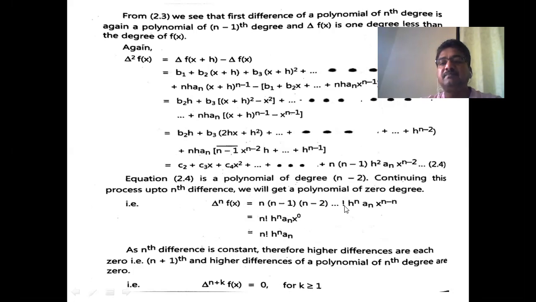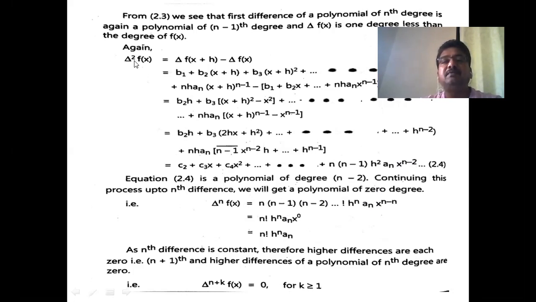H raised to n, an, x raised to, what is the coefficient of x? What is the power of x? Here is delta square. So what is x raised to n minus 2? What is the power of x? Delta square is there. Therefore, the x raised to n minus 2.